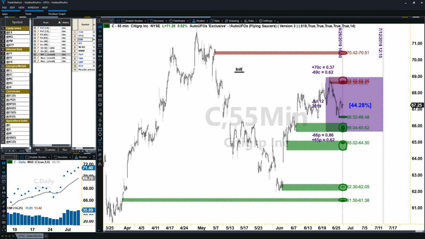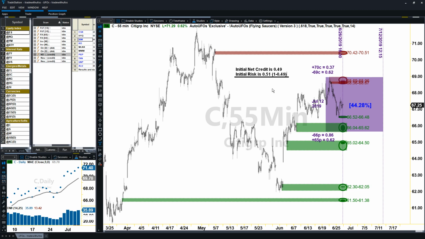Initial net credit is 49 cents, and initial risk is 51, because it's 1 minus 49.